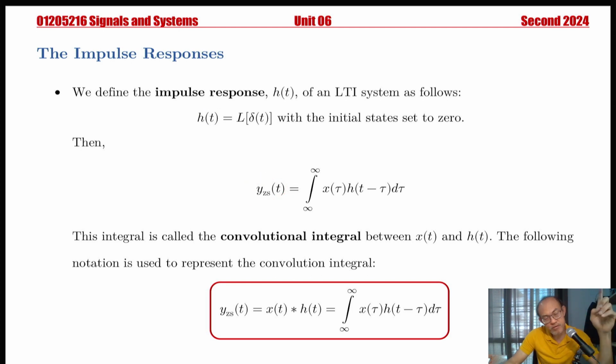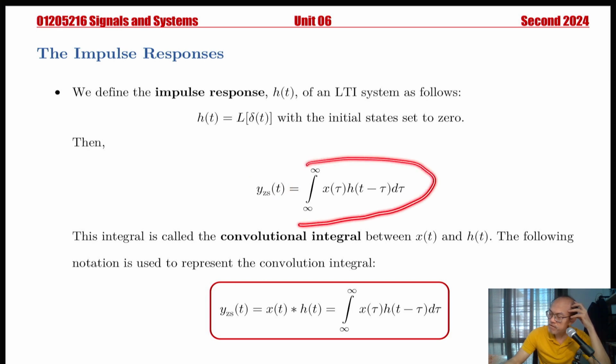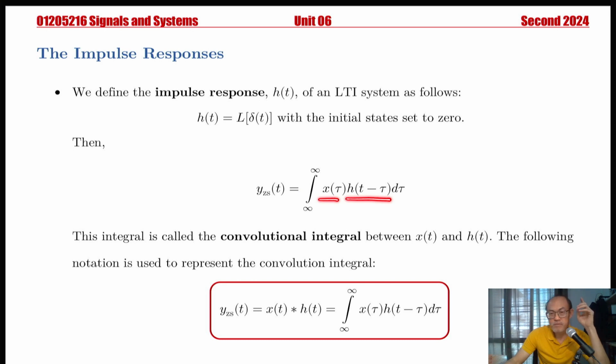Remember, the zero state response is a response that is due only to the input signal, not the initial state. You can find it by performing this convolution integral. You put the input signal here, and you put the impulse response here, and then you perform the integration. The result from the integration would be your zero state response.